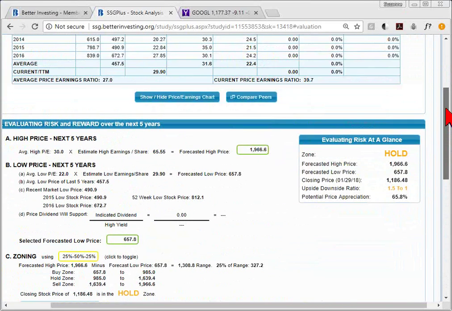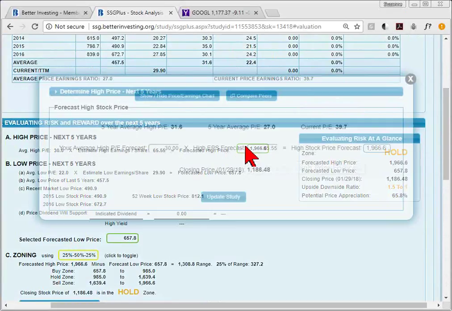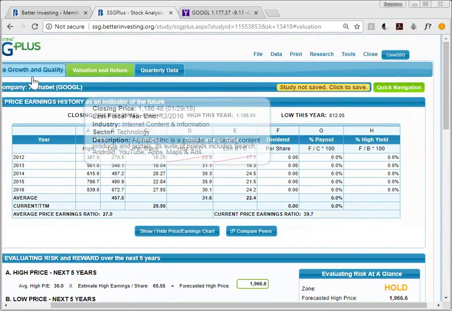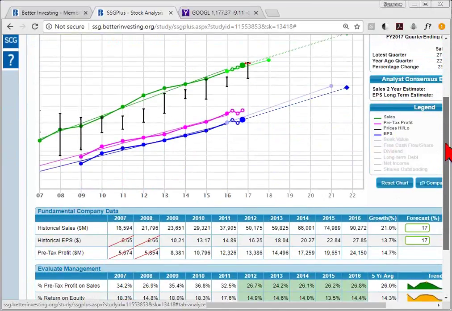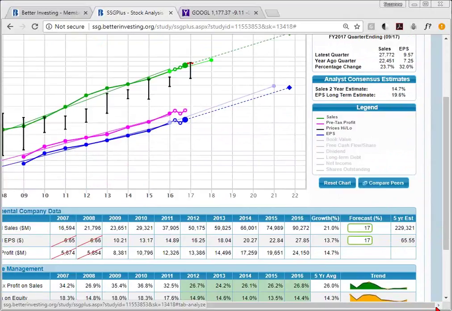Sure, absolutely. So he picked up on the fact that it's right here, and if we were clicking on the green box, it's already pre-populated here. That is a function of the forecast we made for earnings on the front. So a couple ways of looking at that. I'm going to scroll over a little bit, give it time to refresh for everyone.